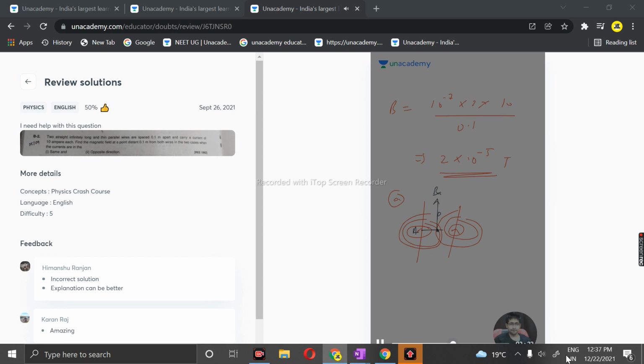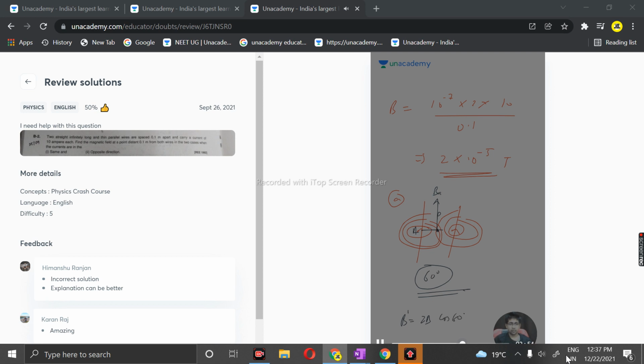So when they are in the same direction, if the current is the same, they are out of the page, making an angle of 60 degree. If the angle formed is 60 degree, the magnetic field at that point is 2B cos 60.